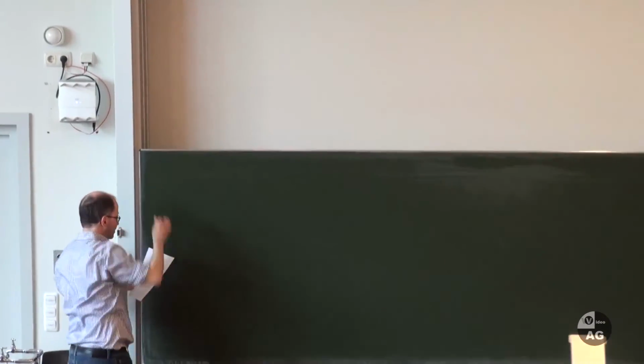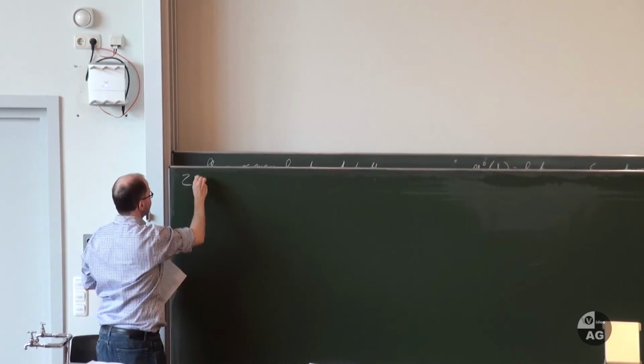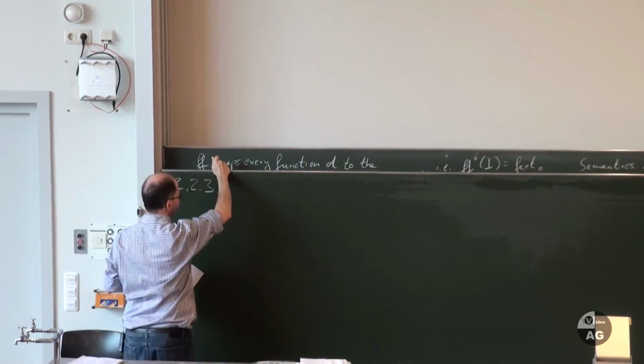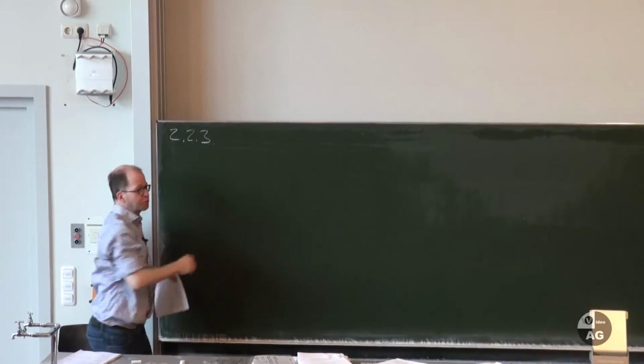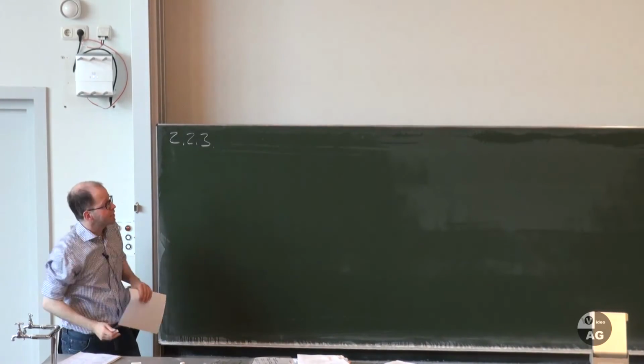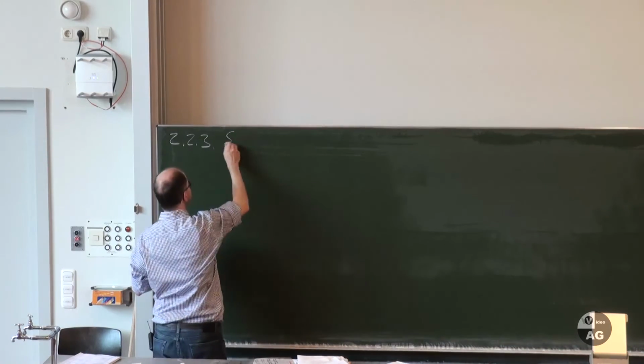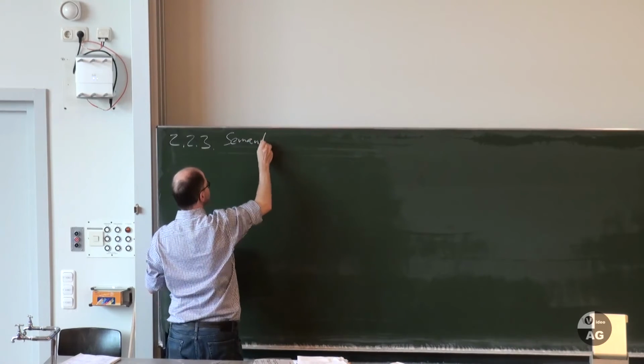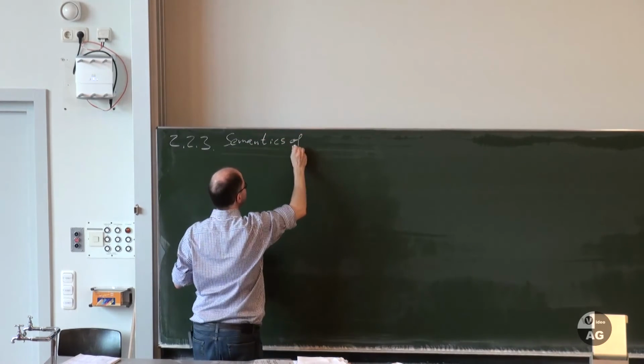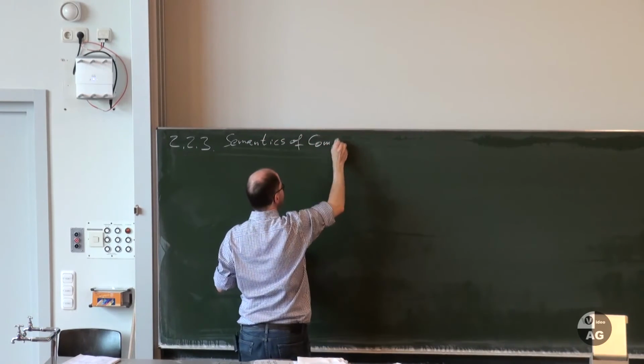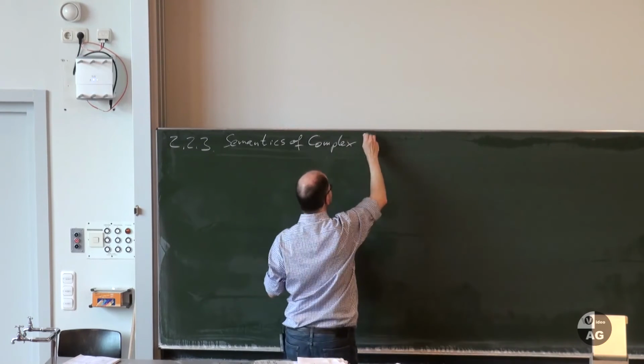So we've defined the semantics of simple Haskell. Now what about the semantics of complex Haskell programs? So those which go beyond this subset that we have just regarded.